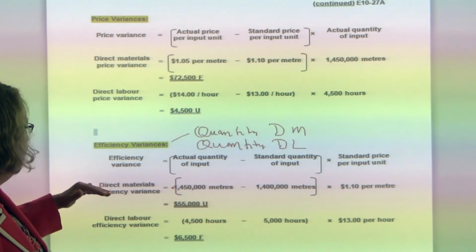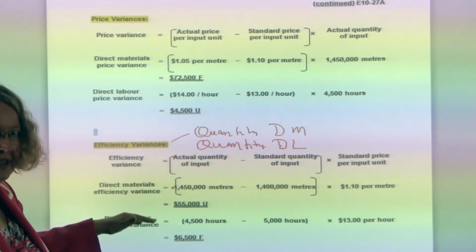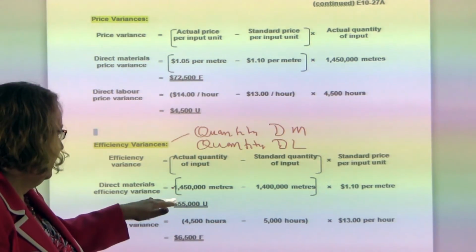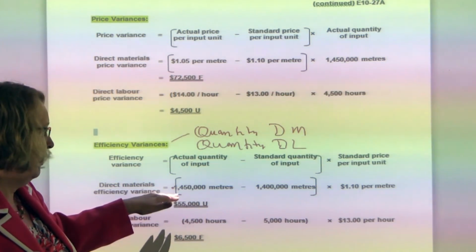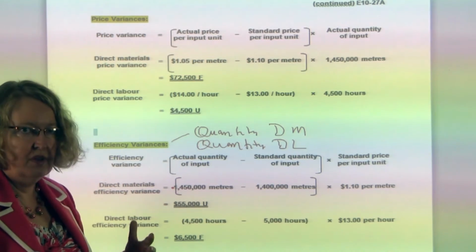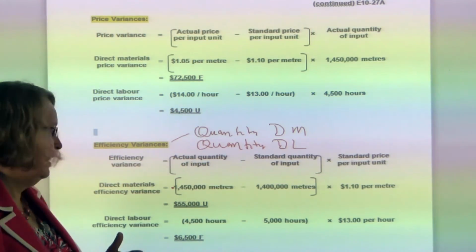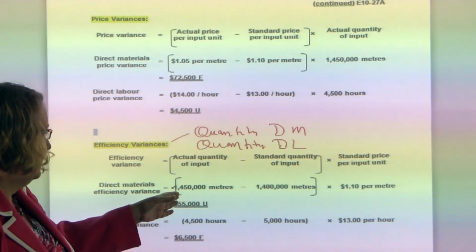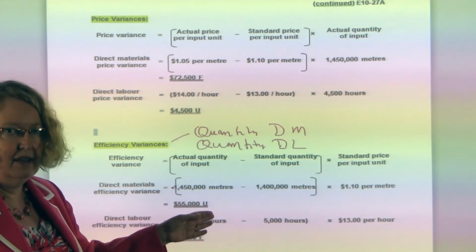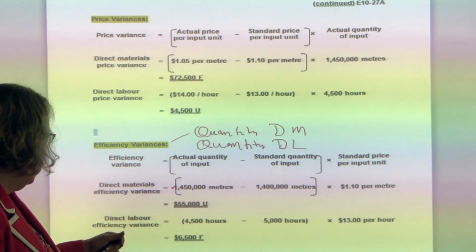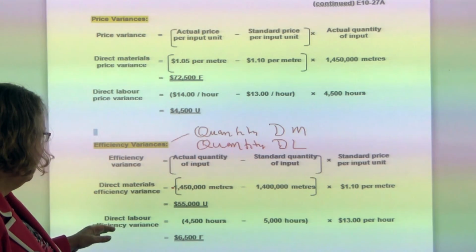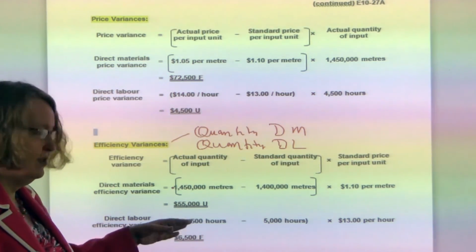And probably as a result of buying the cheaper material, it looks like you ended up using more of the material, and maybe there were quality issues or something of that nature, but you used 50,000 meters more than you had planned on.